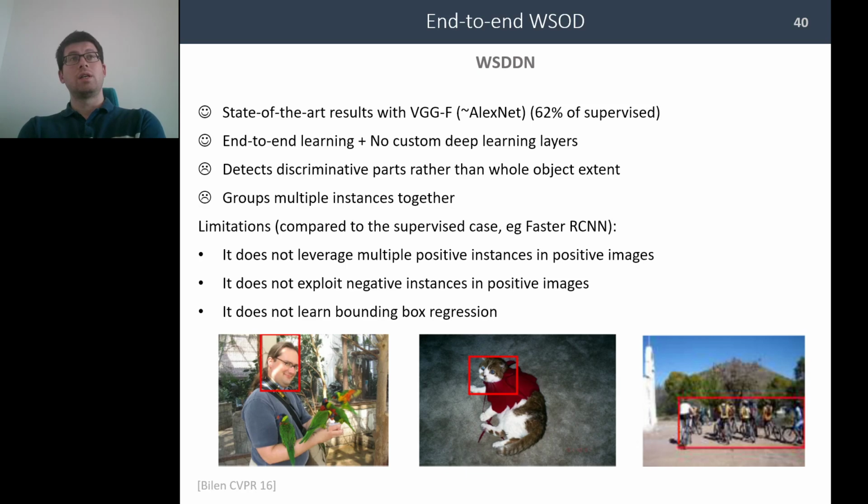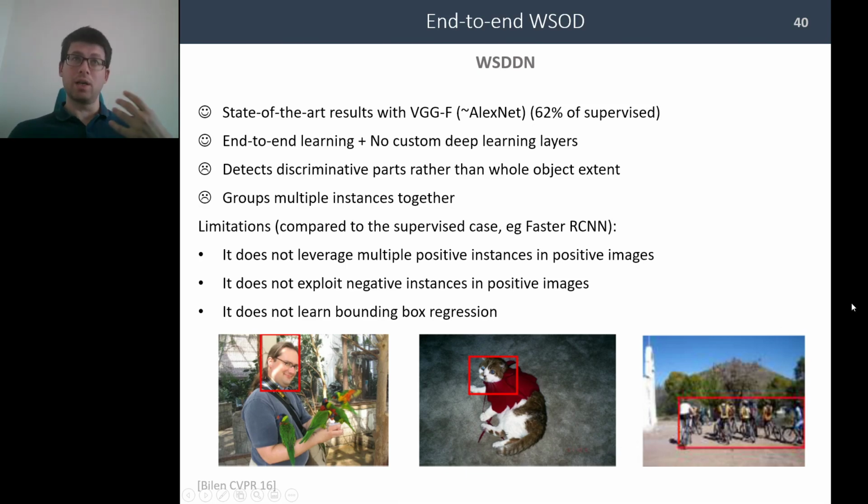When we look at the failure cases, we can see at the bottom that WSDDN is still detecting parts, like a face detector here, and again another face detector, and it was also grouping object instances together.